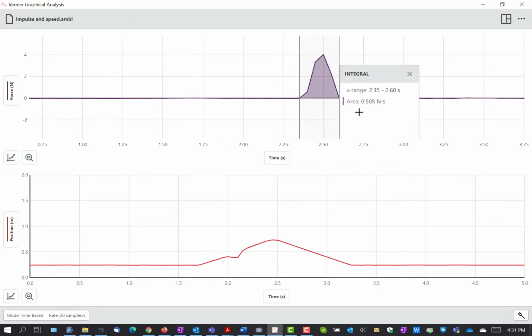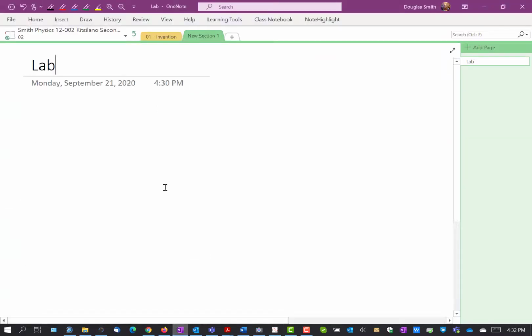And that gives me 0.505 Newton seconds. The units would be, it's an area, so it's the force times the time, which is Newton times second, Newton second. So let's write that down. Force times time equals 0.505 Newton seconds.